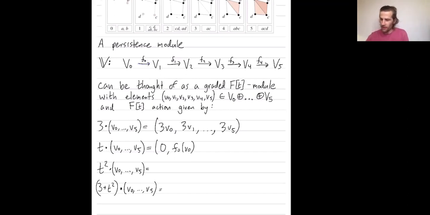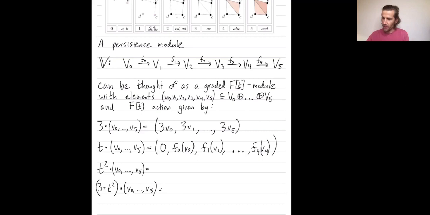And to get an element in vector space V2, I take my element V1 and apply F1, etc. So where this ends is, to get something in V5, I take the element V4 and apply my map F4. Okay, so T is shifting everything over, shifting everything over by 1.